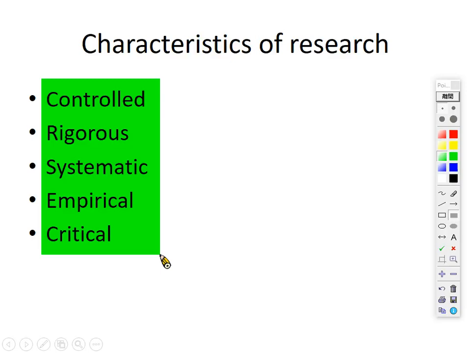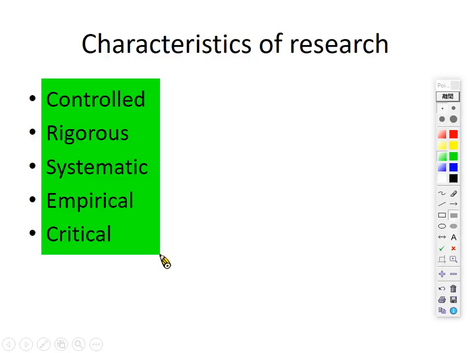The only difference is the degree of control. The second one is rigorous. It's not easy. It takes time. Sometimes the process is very painstaking. You have to be very, very careful throughout the process, and the validity issue is there, so you have to be concerned all the time.